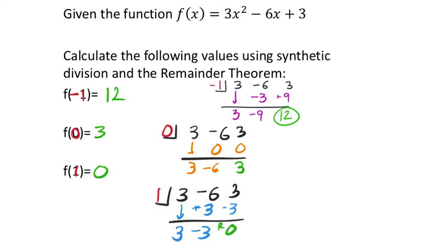So f of 1 would be 0, which again, if you replace these x's with 1s, you would find that it would be 0. Boom. And that is how you apply the remainder theorem to this kind of context. The ones that we've done before, we could have done like this, but I don't know if you wanted to do it now or then. So there we go.